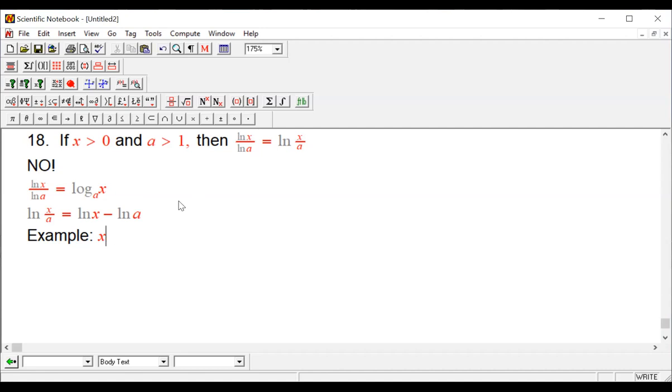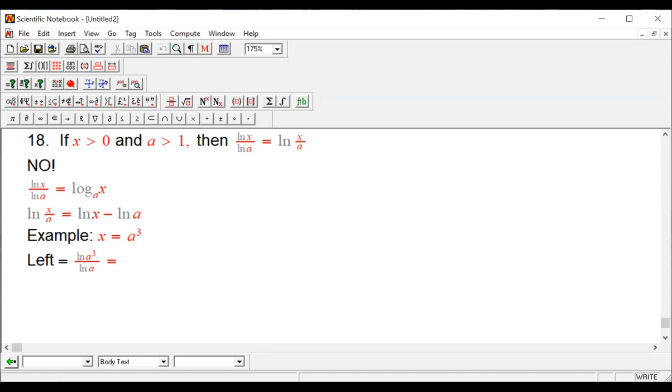Let's choose x equals a to the power 3. Let's try that, okay? And the left-hand side, let's see if it works. So this is a to the power 3.